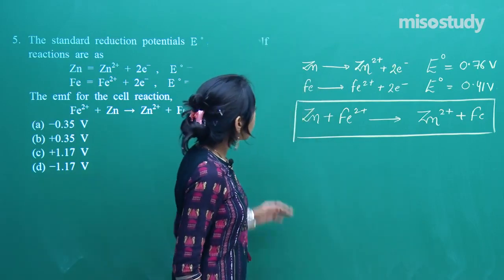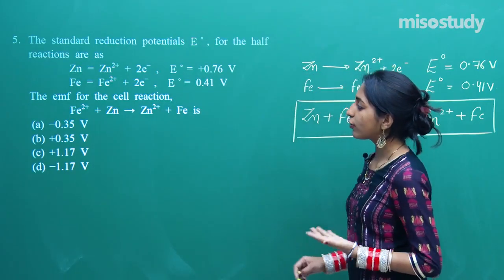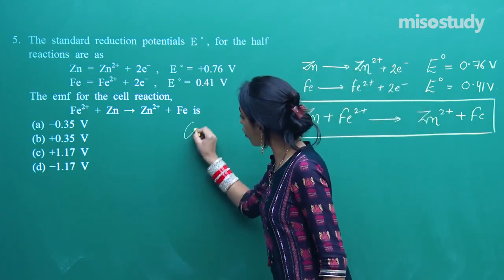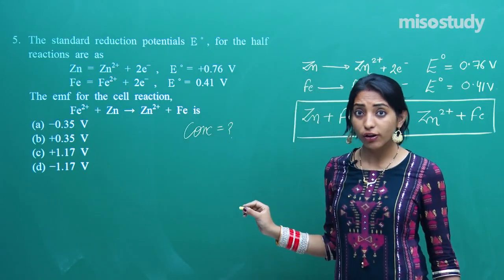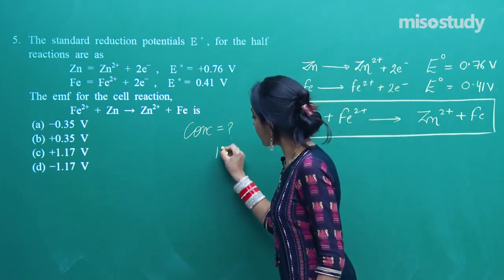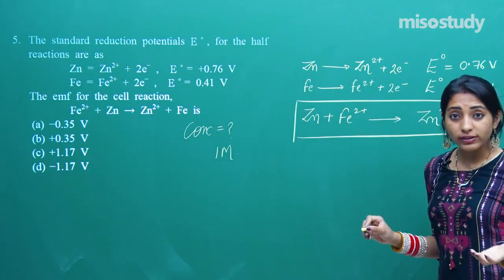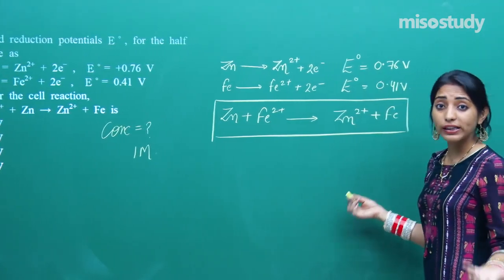So how should I do it? The standard reduction potentials are given and you just need to calculate the cell potential. In this question, you have not been given the concentrations, so you can just assume the concentration to be 1 molar each, and calculate the E naught of the cell.